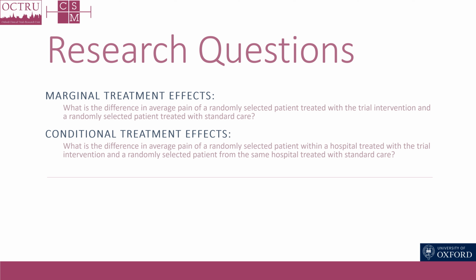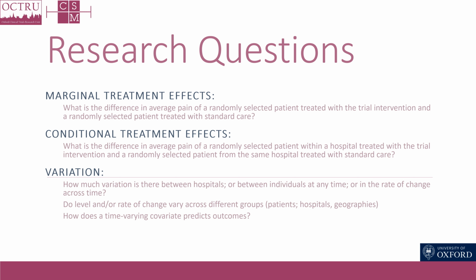What is the difference in average pain of a randomly selected patient within a hospital treated with a trial intervention and a randomly selected patient from the same hospital treated with a standard of care? So in this case, we are taking into account the variation that we know is present across different settings, different hospitals.